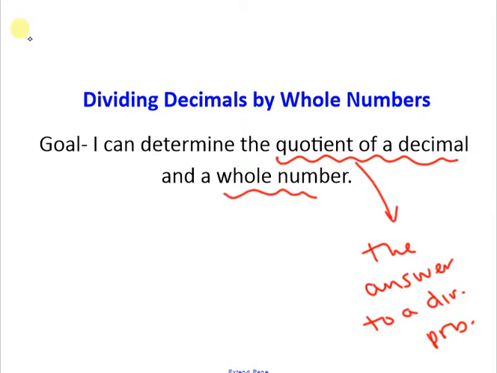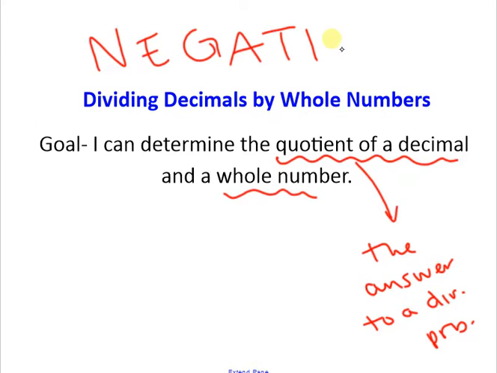All right, now before we get started, I do want to remind you about your integer rules. So please make sure that you're only watching this video if you intend to be dividing with negatives. If you don't know what I'm talking about, please make sure that you exit the video and that you are watching the appropriate video. All right, so let's review our negative rules real quick. When you have a positive number divided by another positive number, your result will be a positive number.